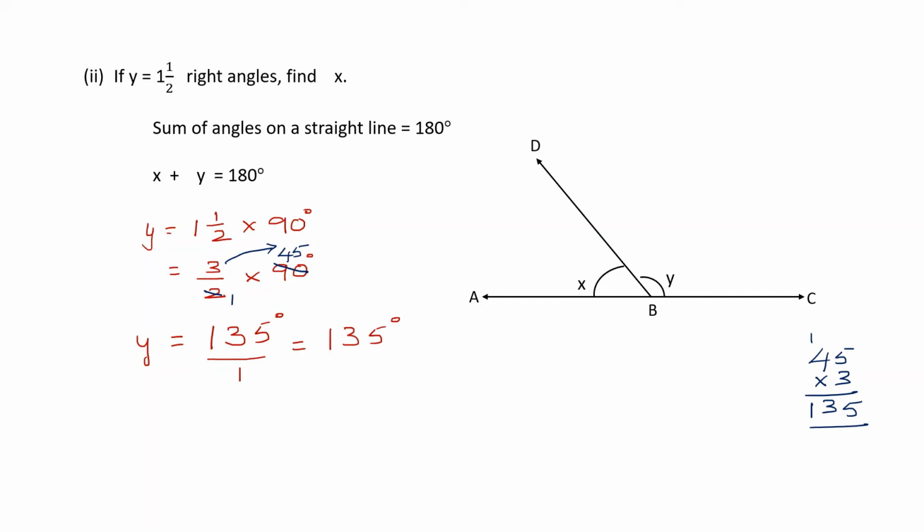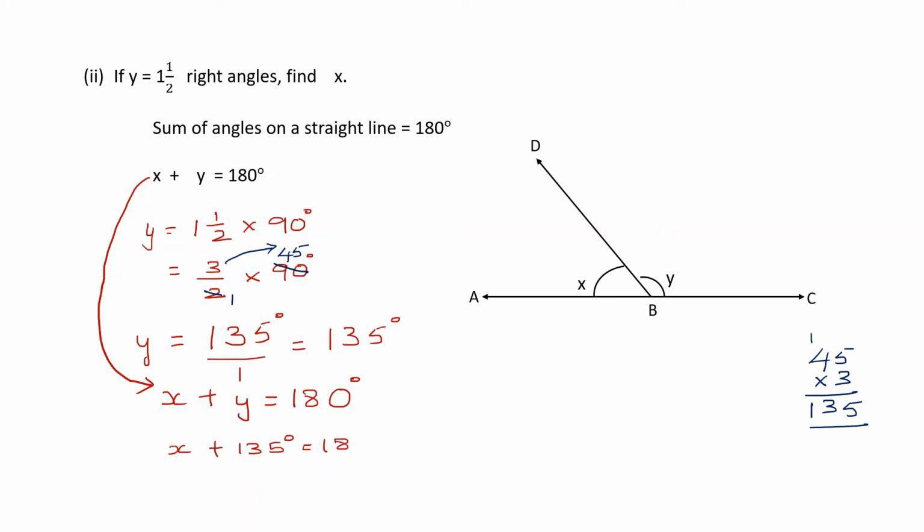Now we can find x by using this statement which says x plus y equals 180. X plus y equals 180 degrees. We are going to find out x. We know y is 135 degrees. We just found out.